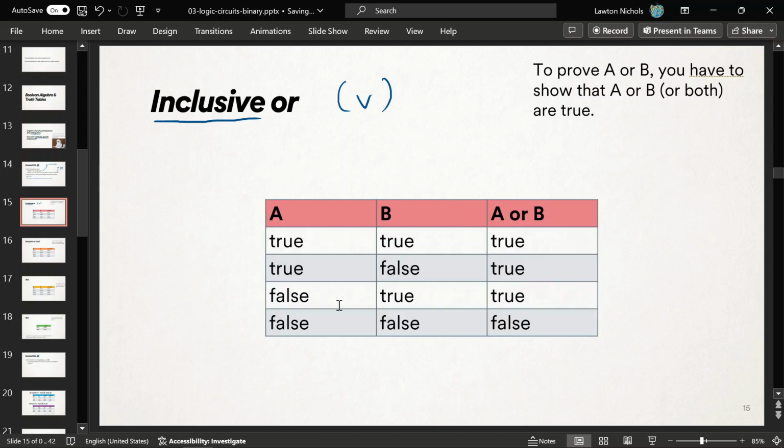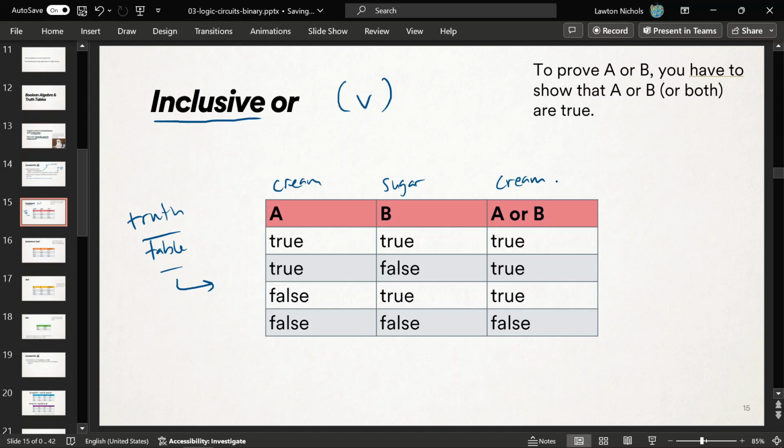At the end of the day, you're trying to prove something to be true or false. And so this is a truth table over here, showing you what the or operation does on every combination of true and false. You can imagine that A is you can have cream, and B is you can have sugar. This or is like you can have cream or sugar, or both is possible.